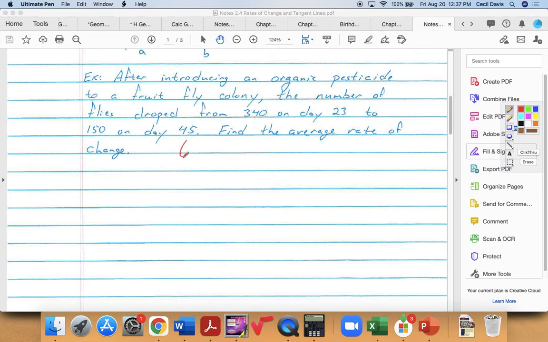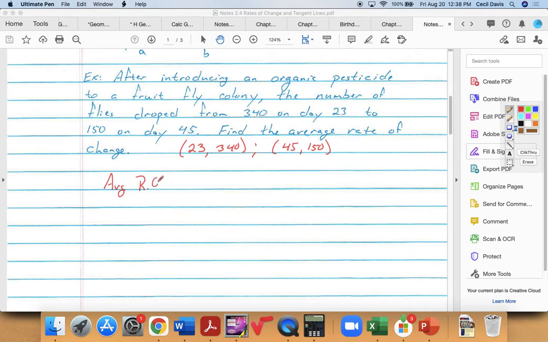Well, as an ordered pair, the input would be 23. There were 340 because the number depends on the day. And on day 45, there was only 150. So we're just going to find the slope between those two points to find the average rate of change.